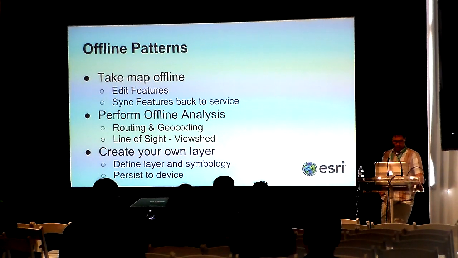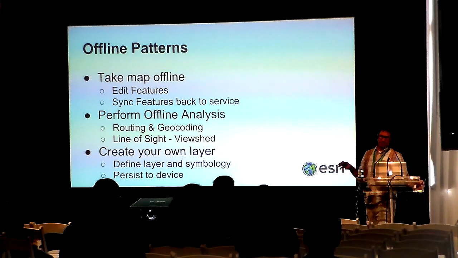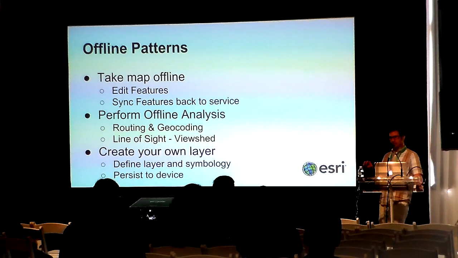Somewhere where we're moving forward is in these offline patterns. Yes, you take some maps offline, which is the simplest thing, but we also have ways to sync back and edit things.